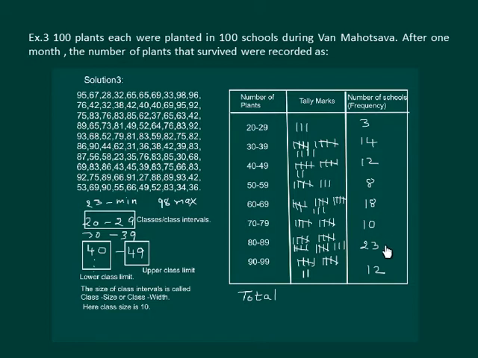We complete the table and let us add these numbers. On adding, we find that the total is 100 and we were already given that data for 100 schools was given to us. So that means we have included each and every entry in the tally marks.